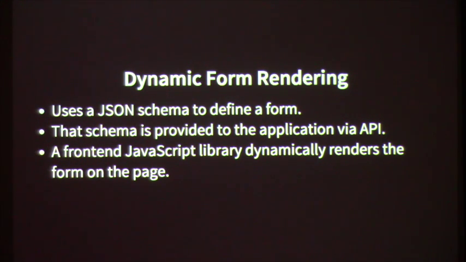And these renderers are what I'm going to be talking about. At Form.io, we've provided two open source renderers so far, and we're working on a third: an Angular.js renderer and a React renderer. And we're working on just a raw jQuery one, so you can get it into other legacy applications if you wanted to. But that's what they do. They take this schema and they render it on the page.